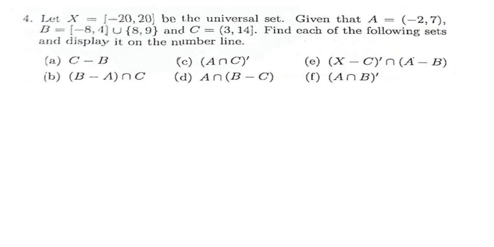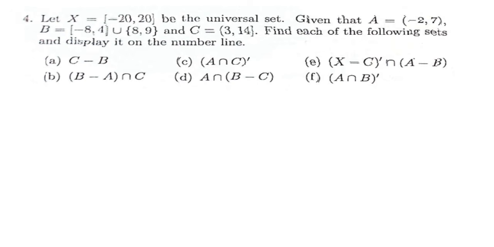We are told to let X be negative 20 to 20, and then we're given that A is that, B is that, and C is that. We're told to find each of the following sets and display it on the number line. So what do we now do?